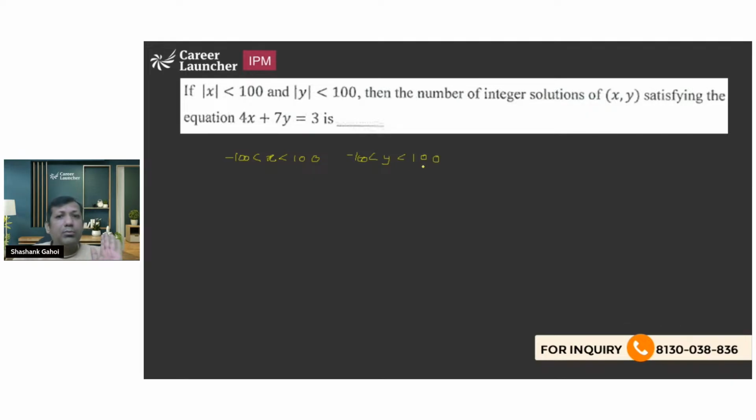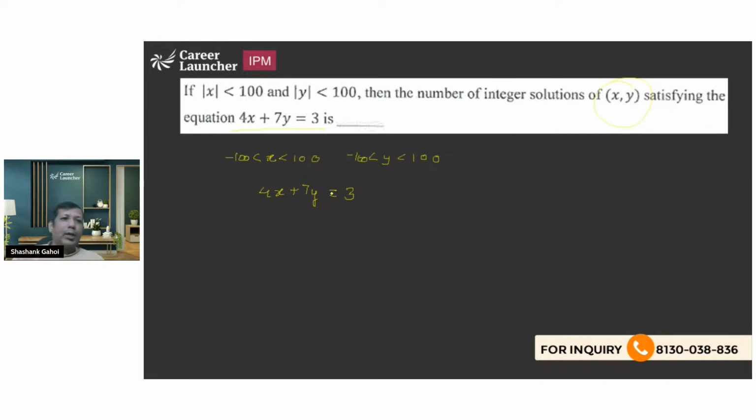Okay. So ये अपने पास range आ गई x और y की, and the question is talking about number of solutions. Of what? Of this equation. So basically, I got 4x plus 7y, and that is equal to 3.